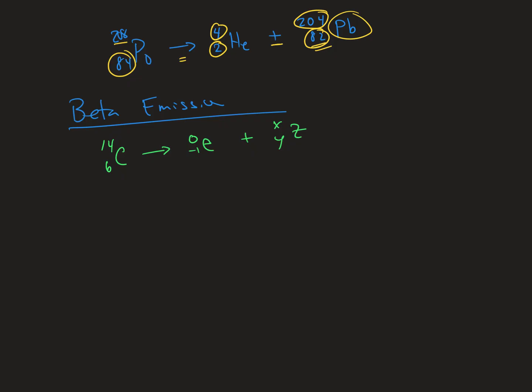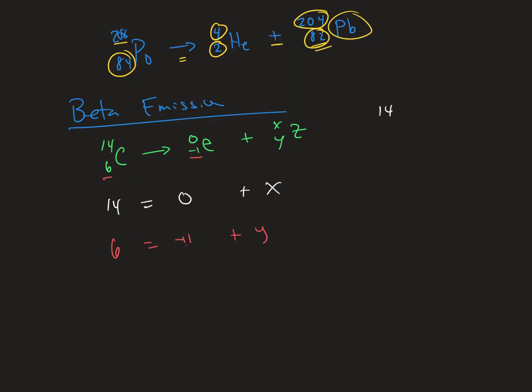Write the equation. 14, this is like the equal sign, 0 plus X. So 0 plus what number is 14? 14. So that means we're going to have a 14 up here. And then we do the bottom number, 6, equals the bottom number here is -1 plus Y.